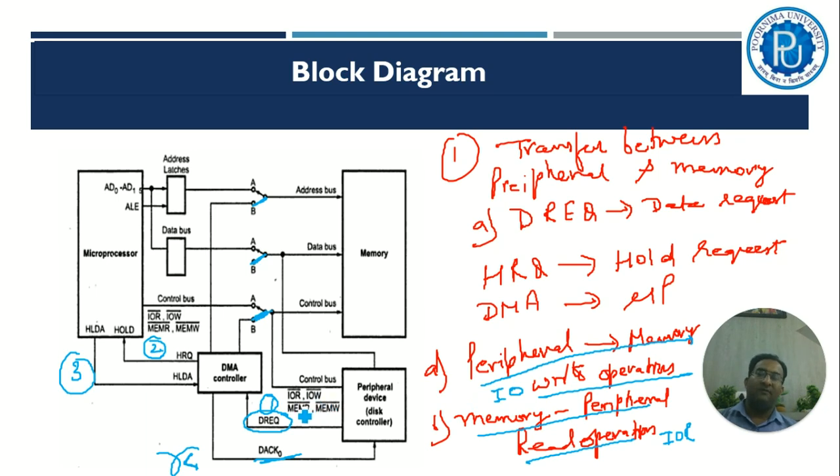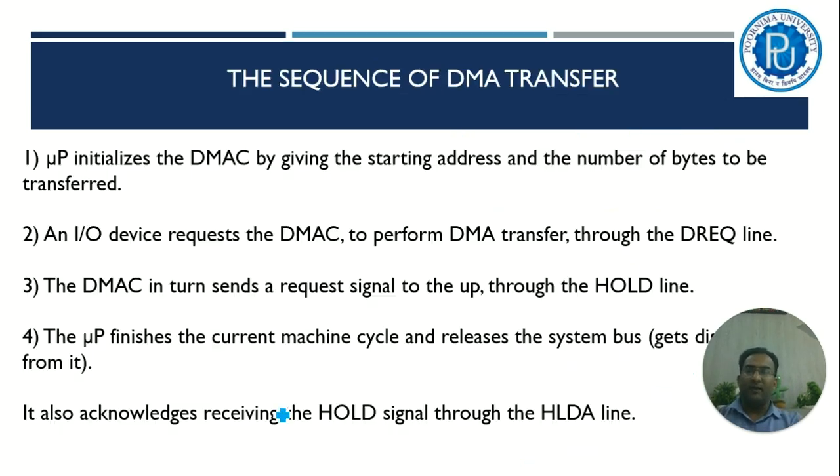So whenever there is an input output read and write operation, there will be a memory read and write operation. Now this was about the DMA controller. Now we will have a sequence of DMA transfer. First of all, the microprocessor will initialize the DMAC by giving the starting address and the number of bytes to be transferred.